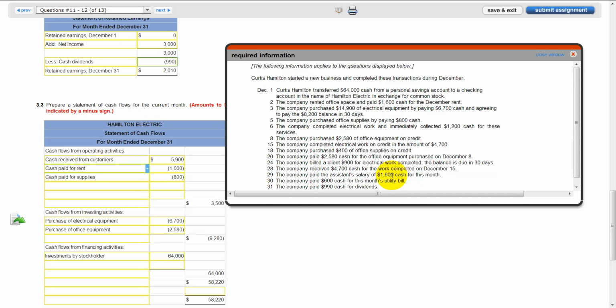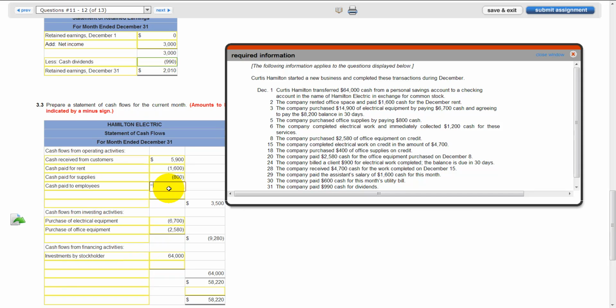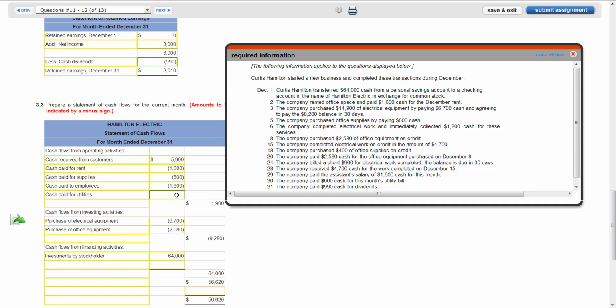Paid the assistant $1,600. So that's a regular operating type of activity, paying your employees, minus $1,600. Here we're paying utility bills, paying utilities, minus $600. And again, one more time, paying here dividends.